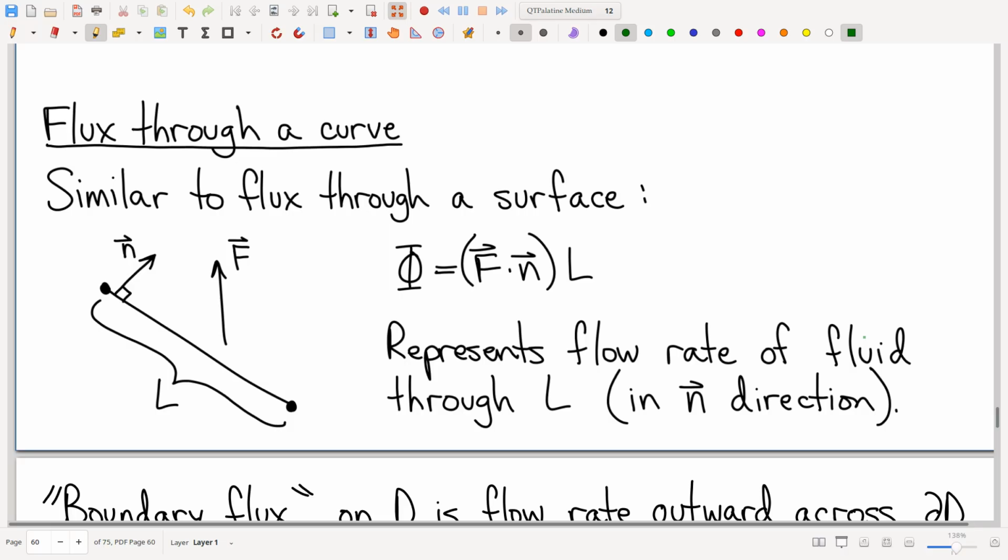And if I have a surface maybe angled in some weird way, and I want to know how much fluid per unit time is flowing through that surface, accounting for how the surface is oriented compared to the direction, how do you do that? And we wrote down a little calculation, and it ends up using dot products, and we ended up with a formula, and that was called flux.